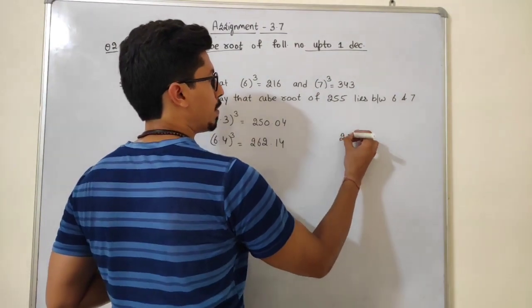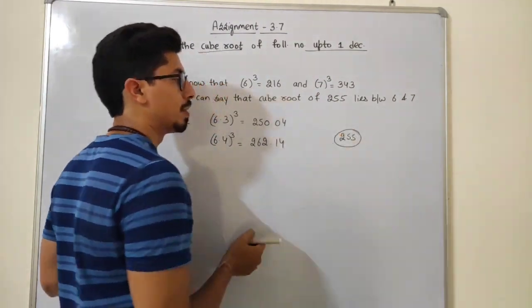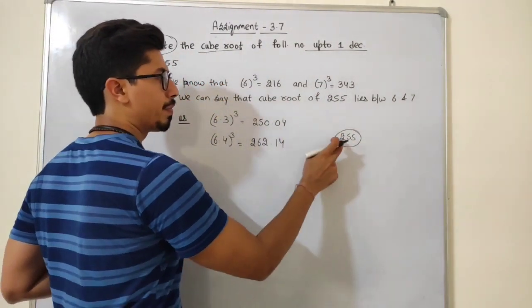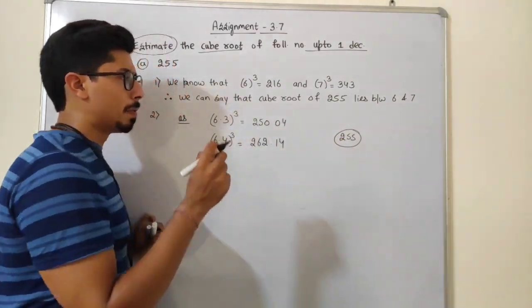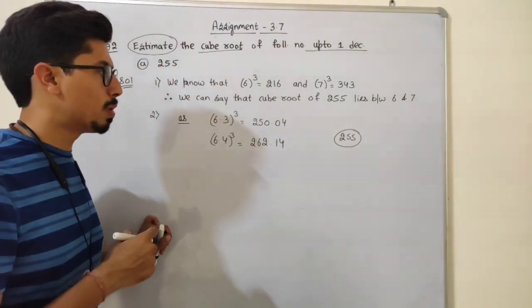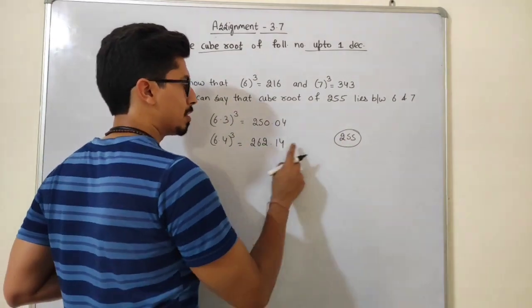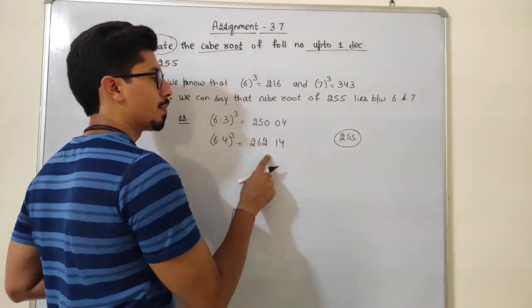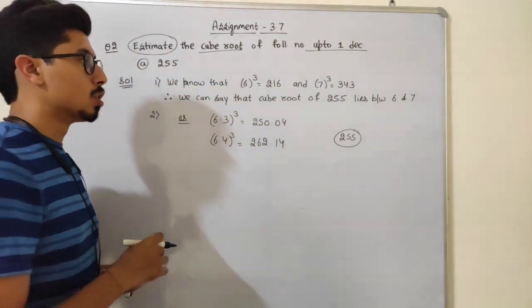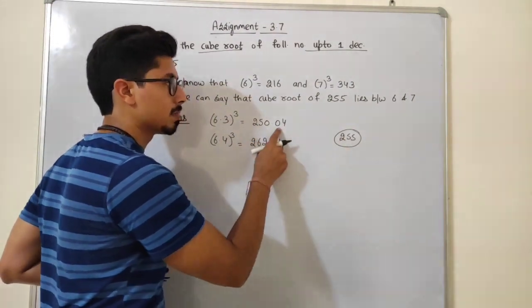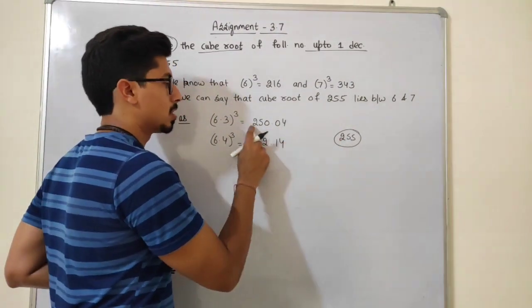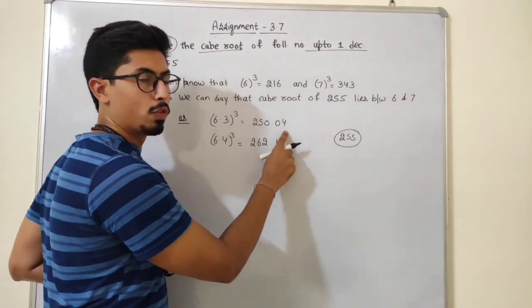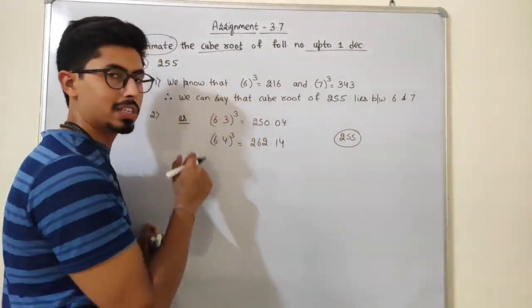Now we have to compare with 255. If I take the difference of 255 and 250.04, it will be 4.9 something. And if I take the difference with 262.14, the difference will be 6 point something. So 250.04 is much closer to 255 than the other number.